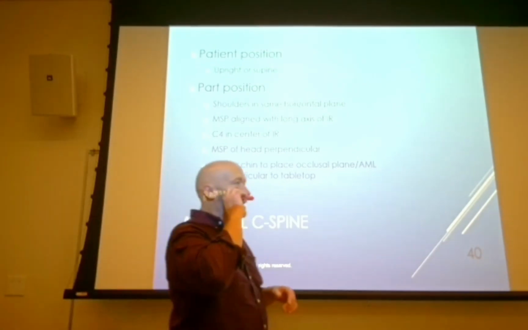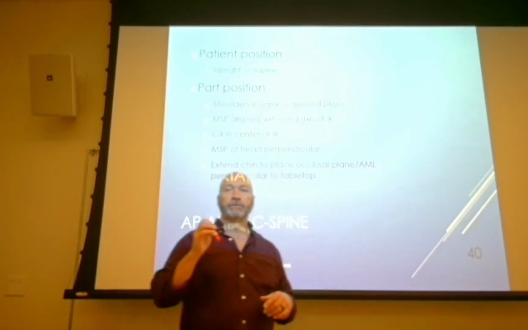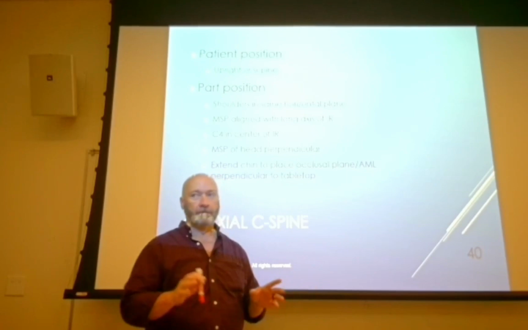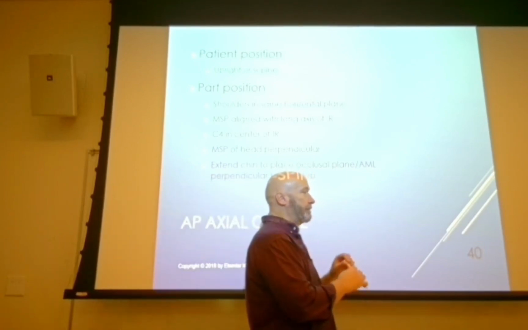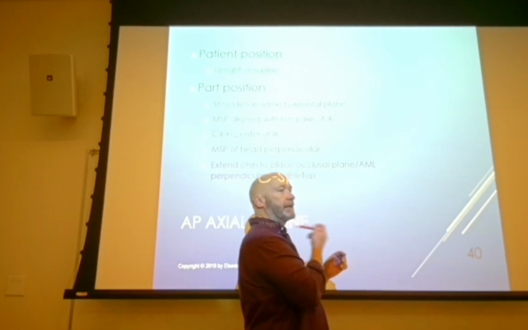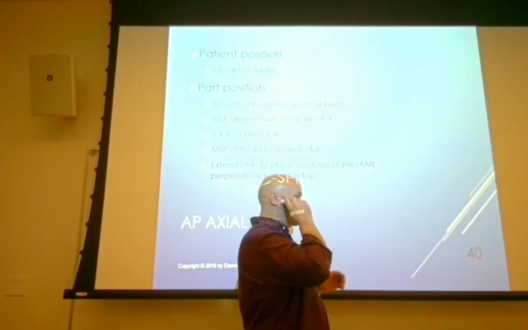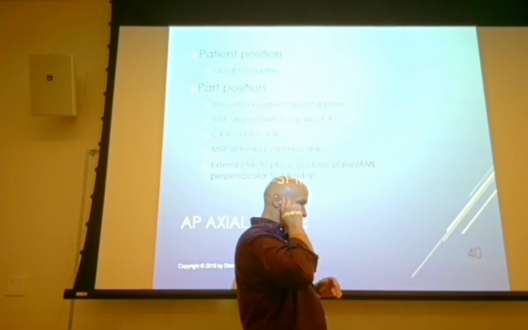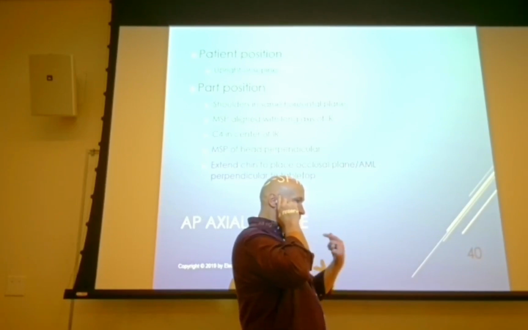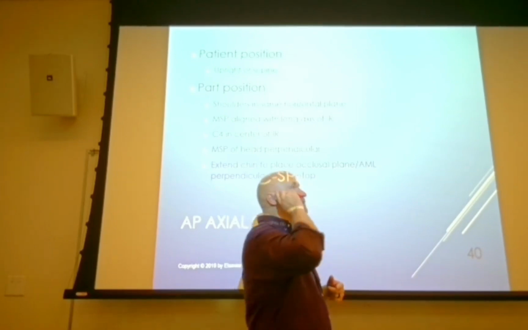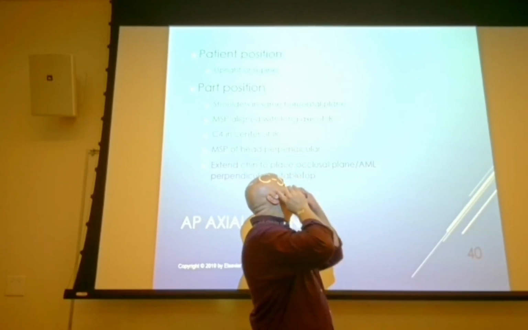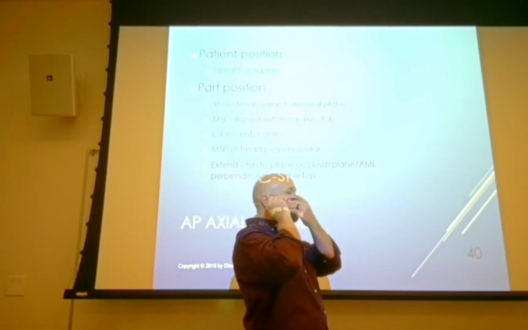We want to put that line parallel or perpendicular to something in almost all of the views of our C-spine. If you imagine the central ray coming straight into my neck, and that line is tucked down like this, what's going to be over the upper portion of my C-spine? Chin, right. If I'm way back like this, what's going to be over it? The base of my skull.